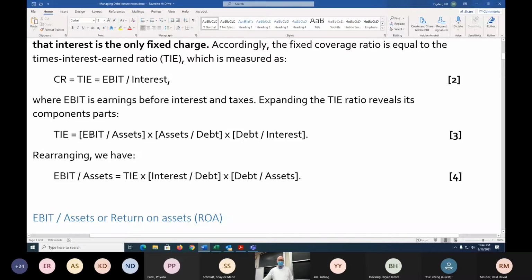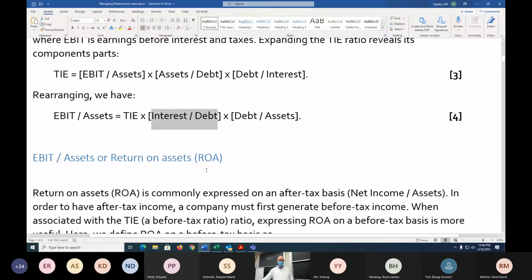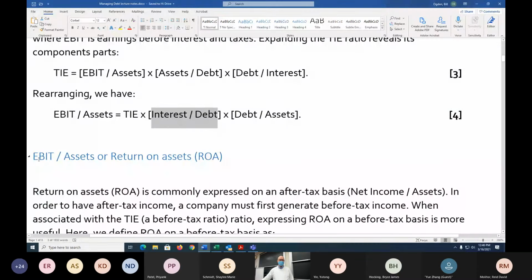Okay, if you rearrange this and solve for EBIT to assets, you get times interest earned times interest to debt times debt to assets. Okay, we'll be back on this very soon. Let's go right now. EBIT over assets.